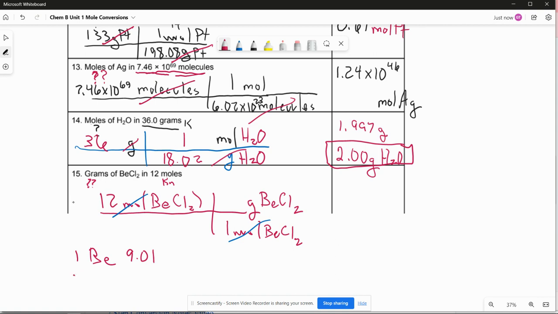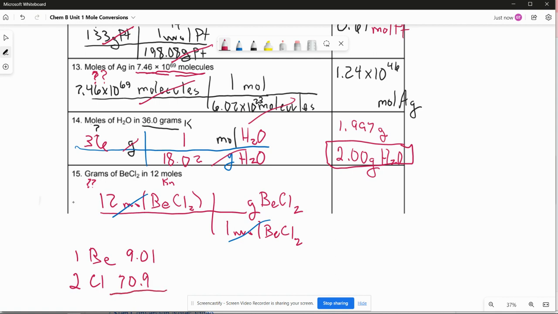And we have 2 chlorines. And chlorine is 35.45. So I put that into my calculator and I do 2 chlorines, and that comes out to be 70.9.